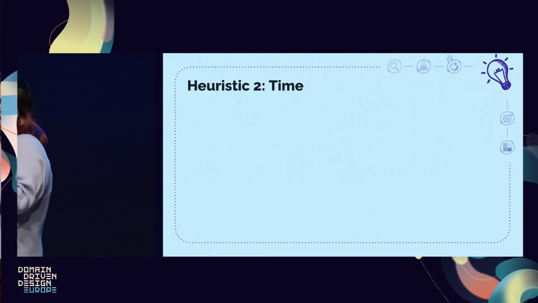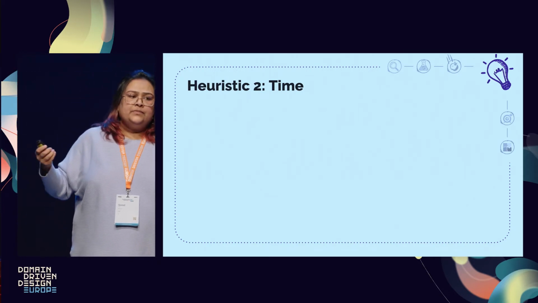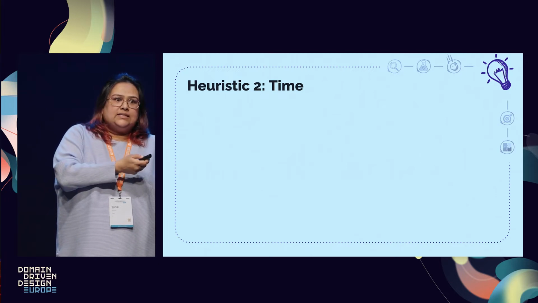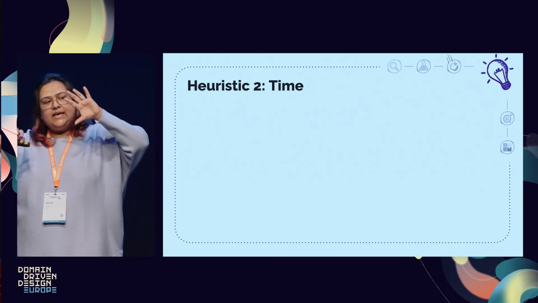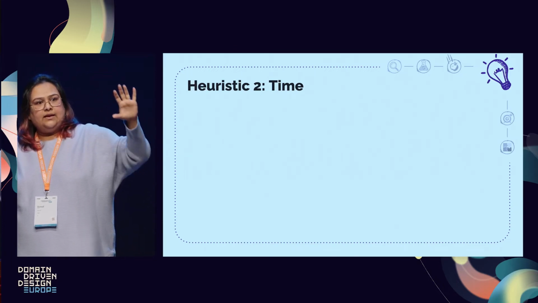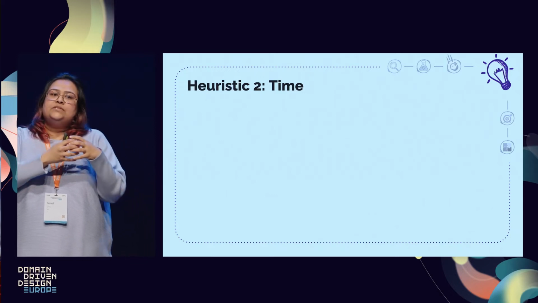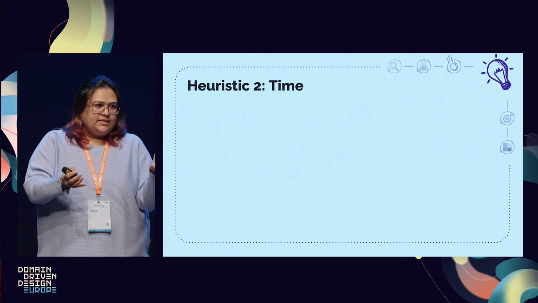The next heuristic we thought about using was time, because we were concerned that once there is a big difference between an approval and an implementation, it becomes a lot easier to have unauthorized activity.